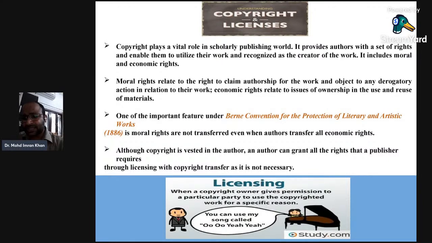Moral right is those rights which keep intact the authorship of any person, which protect the authorship and the integrity of the author. And economic rights are something which give you the right to generate revenue out of that.